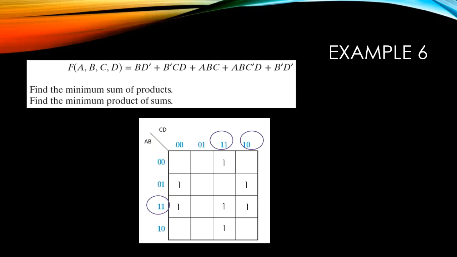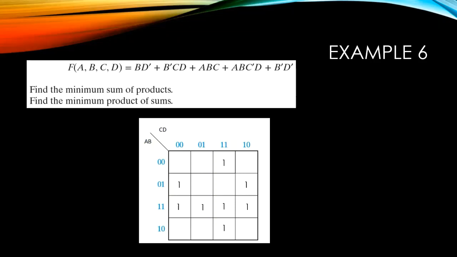Now let's proceed with ABC not D. It's complete, so just one term: 1, 1, 1, 1, 0, 1. This is the cell wherein we're going to put 1 for ABC not D. And for B not D not, 2 variables are missing, so we're going to derive 4 min terms.